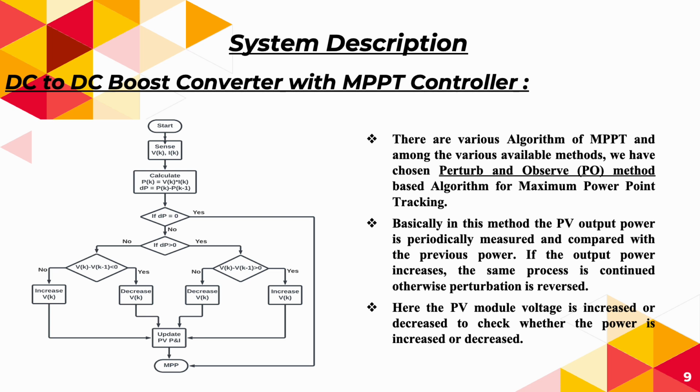Then it calculates the current power and the previous power, and accordingly calculates the difference between the current power and the previous power, which is also known as dP. Depending upon dP, it increases or decreases the voltage, which further generates a pulse for the DC to DC boost converter.